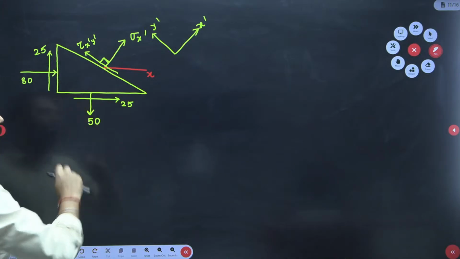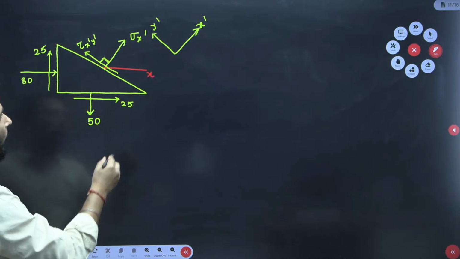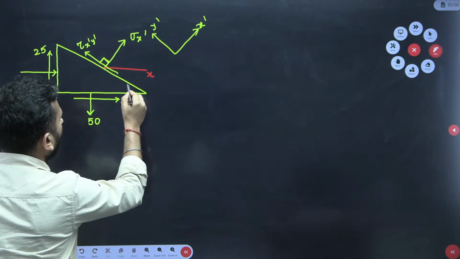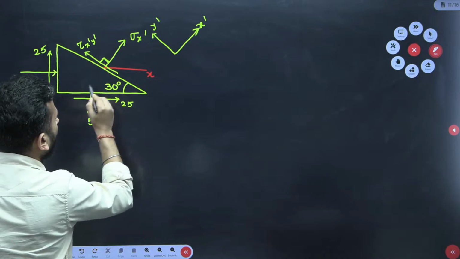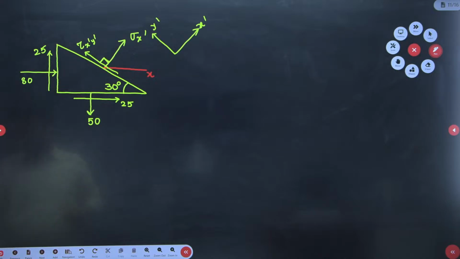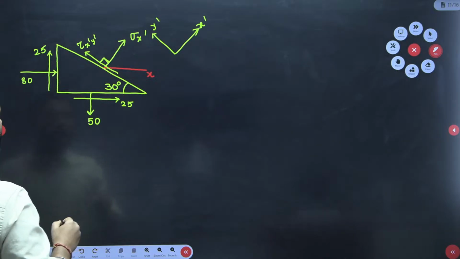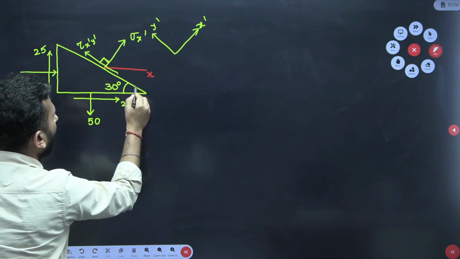So let us talk now about the x dash direction forces. But what about the area? For example, you know that this angle is 30 degree. This angle is 30 degree. Now area is fine.